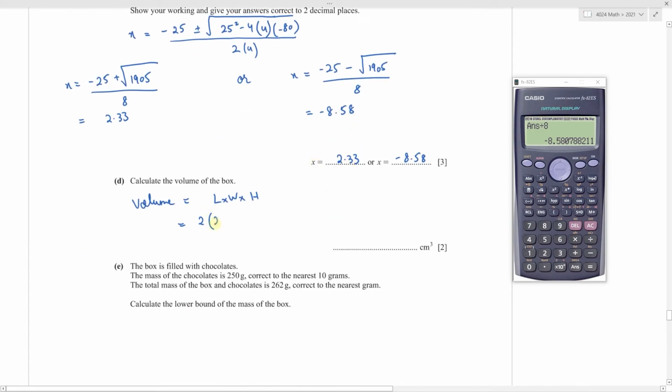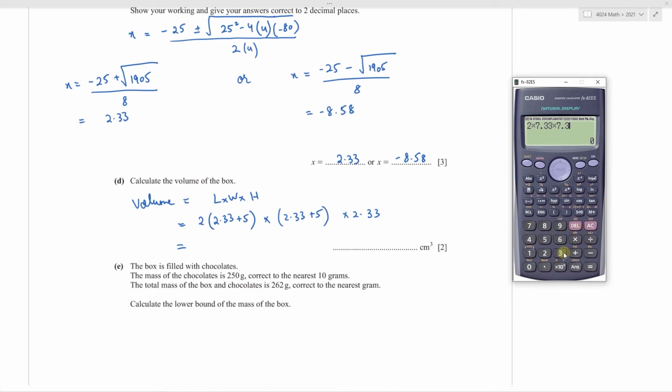So your length will be 2 into x plus 5, so 2 times 2.33 plus 5, multiplied by width, which is x plus 5. So this is 2.33 plus 5, multiplied by height, which is x, multiplied by 2.33. So this will be the volume. So 5 plus 2.33 is 7.33. 2 into 7.33 into 7.33 multiplied by 2.33.